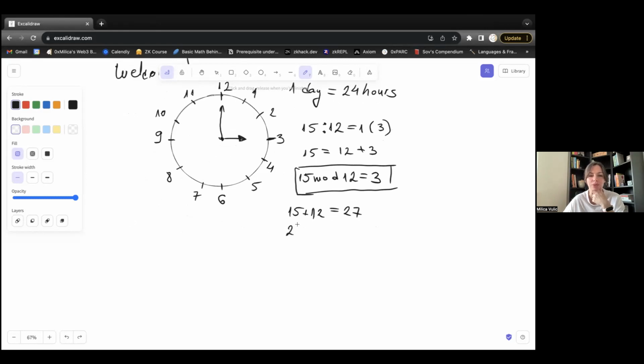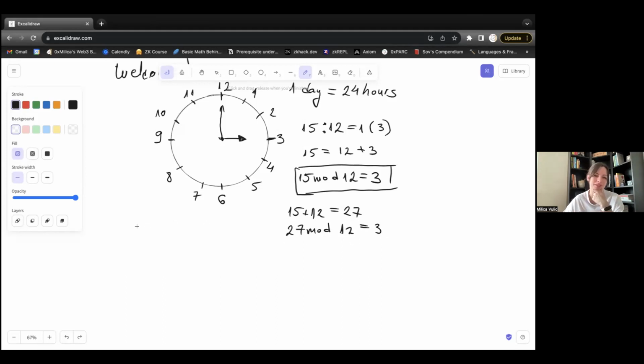And if we would do 27 modulus 12, it will also be 3, because we have 2 times 12 in 27, and that would definitely yield the same result. So it doesn't matter how many times you add 12, because that is the modulus. That is the base. It will always yield the same result.